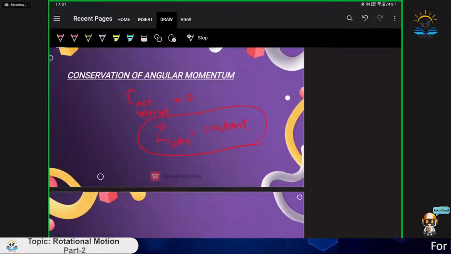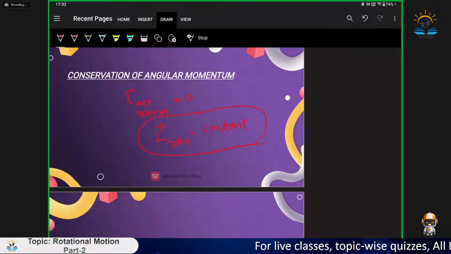Likewise, we have studied in kinematics, if net external force is zero, linear momentum is constant. Here, net external torque is zero, then angular momentum of the system will be constant.